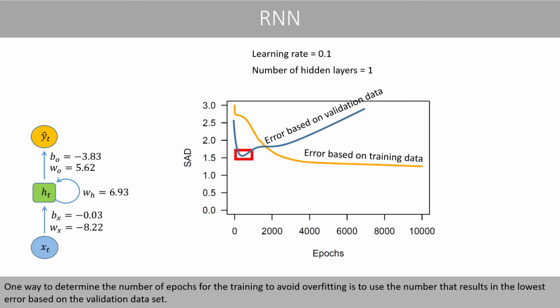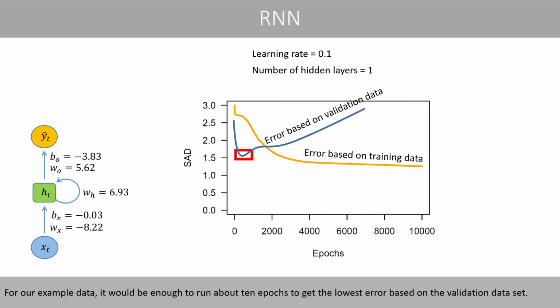One way to determine the number of epochs for the training to avoid overfitting is to use the number that results in the lowest error based on the validation data. For our example data, it would be enough to run about 10 epochs to get the lowest error based on the validation dataset.